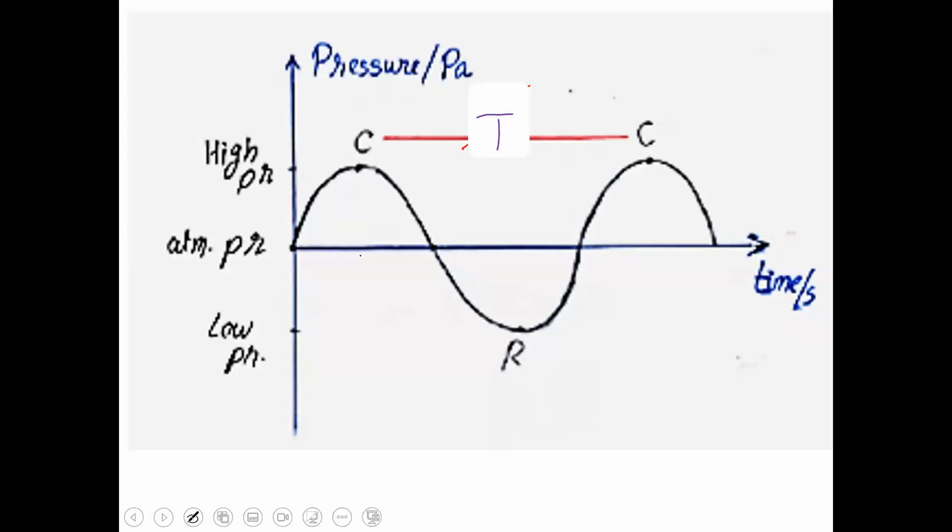This is called a pressure signal. The x-axis is the atmospheric pressure. The signal goes up, pressure increases, and the signal goes down, pressure decreases. So pressure fluctuates with time.